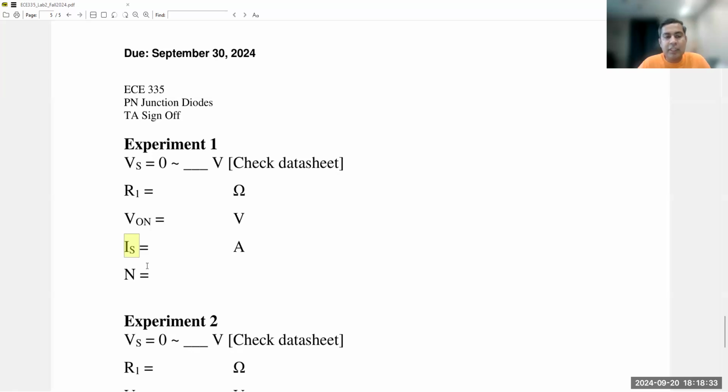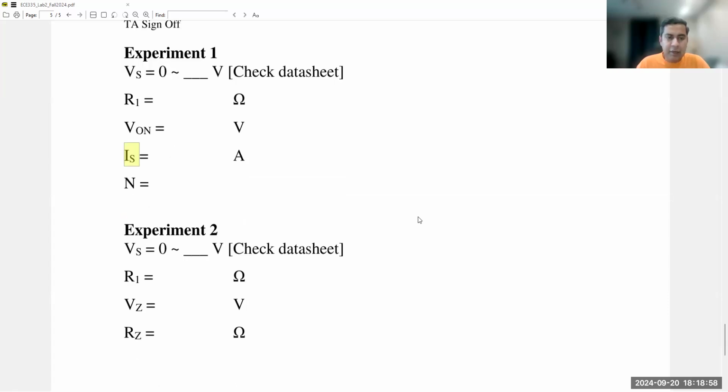So chart all of these parameters in a table and show us how much they deviate from each other, like the percentage of deviation from the simulated data or the hand calculation data to the experimental data. That actually gives you a full view of the whole characterization of the diode.